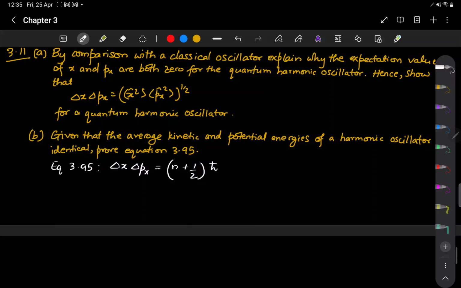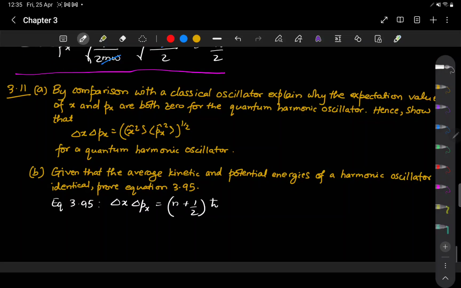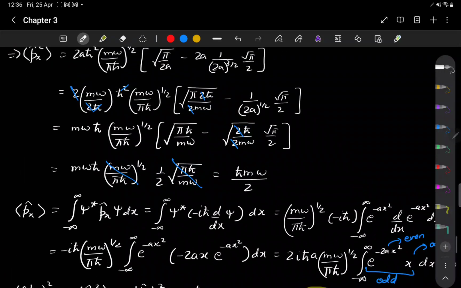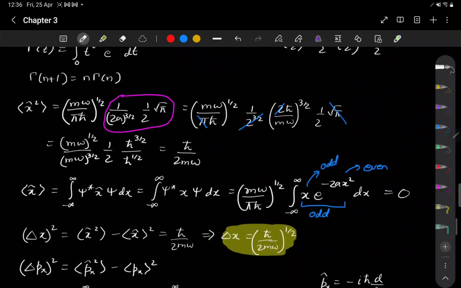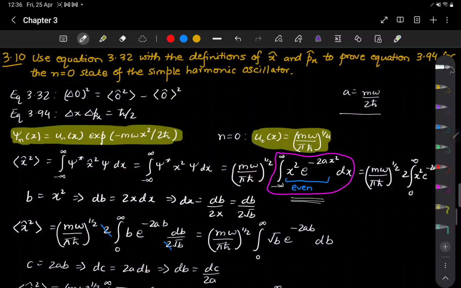Now this question is actually quite similar to the previous question that we did. We in fact very mathematically rigorously derived this expression. So let's go back and revise the previous question a little bit before proceeding. In the previous question we were given that the harmonic oscillator is in its ground state, and we had to find this uncertainty product.